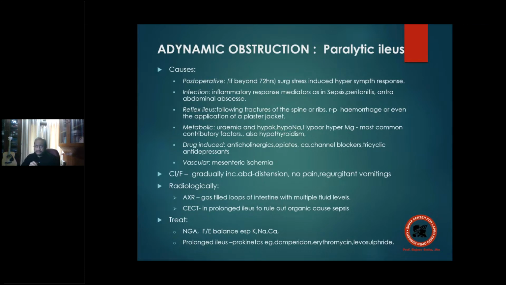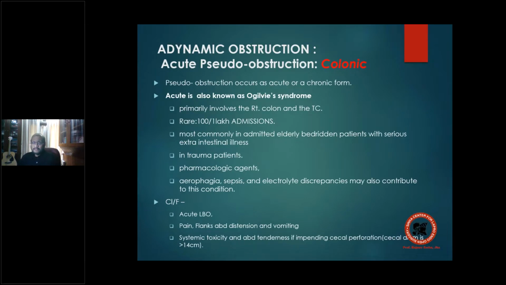Now, once you've done all this and the patient is still not responding even after 48 to 72 hours of treatment, then you will use prokinetics such as domperidone, erythromycin, or levosulpiride, which can partially stimulate the neurogenic activity of the bowel.